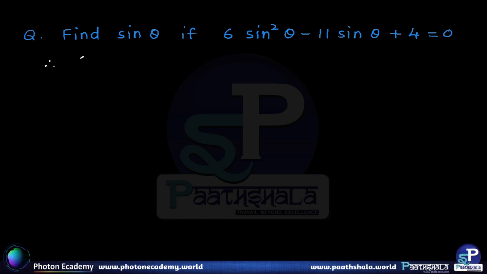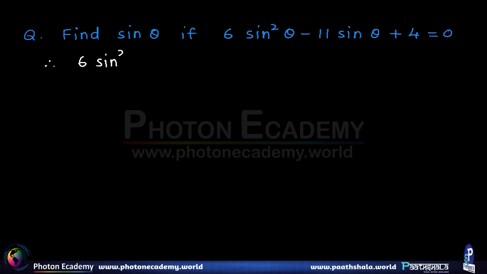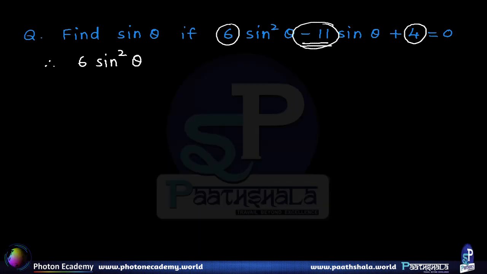So therefore 6 sine square theta, the middle term is minus 11, which has to be the sum, and the product has to be 6 into 4, that is 24. So the product is 24 and sum is minus 11. That means the two numbers are clearly minus 8 and minus 3.